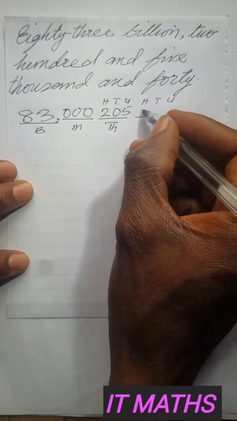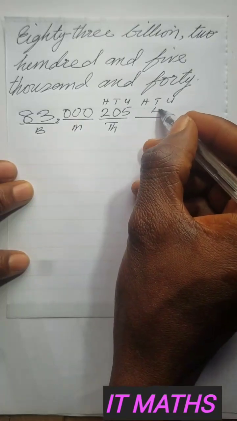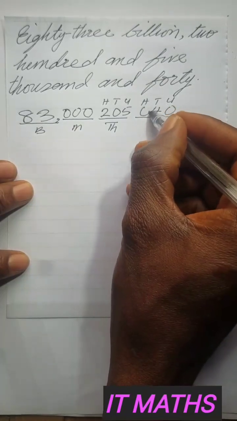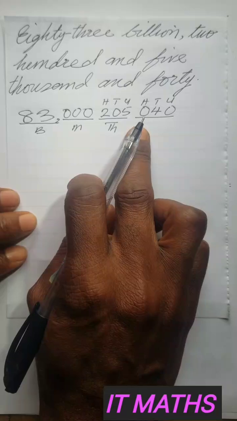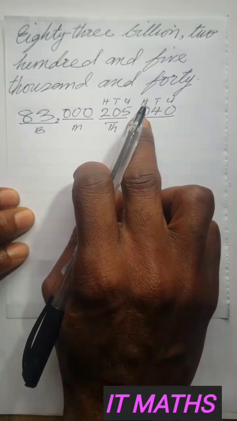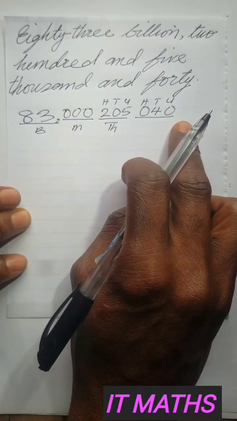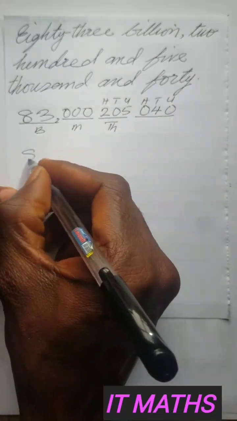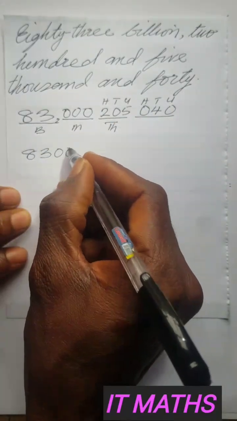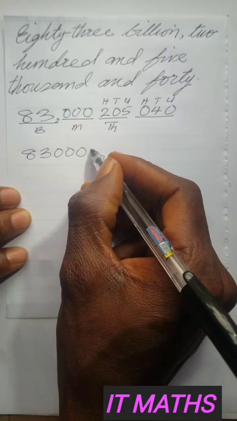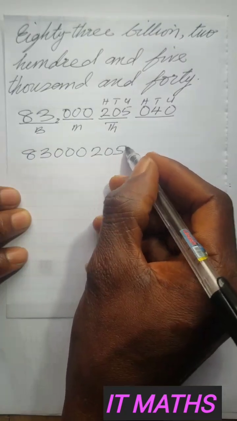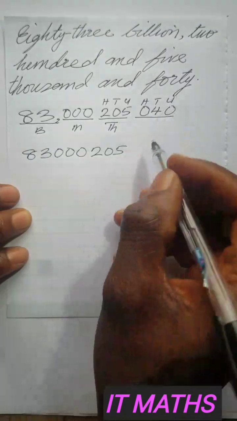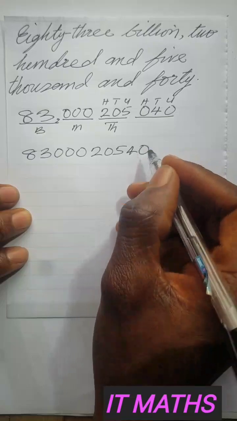How do I write 40? Do I write 4 here? No. I write 40 here. And I skip this by indicating that there is nothing there. So I write a 0 there. Please note, if you do the mistake of writing 8300205 and then you want to write 40 here, you'll be wrong.